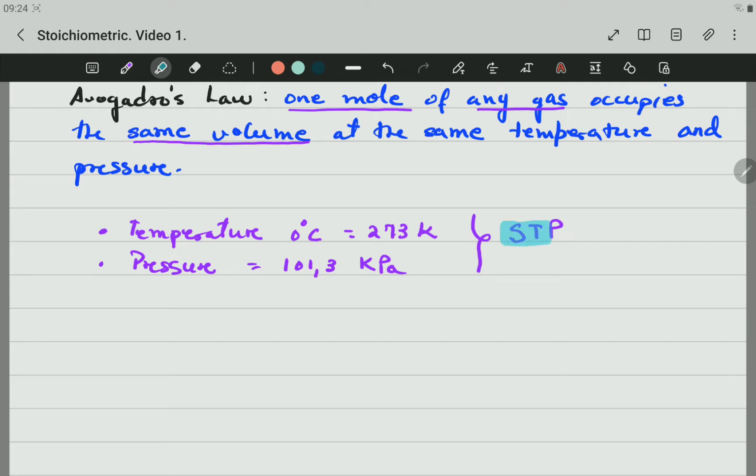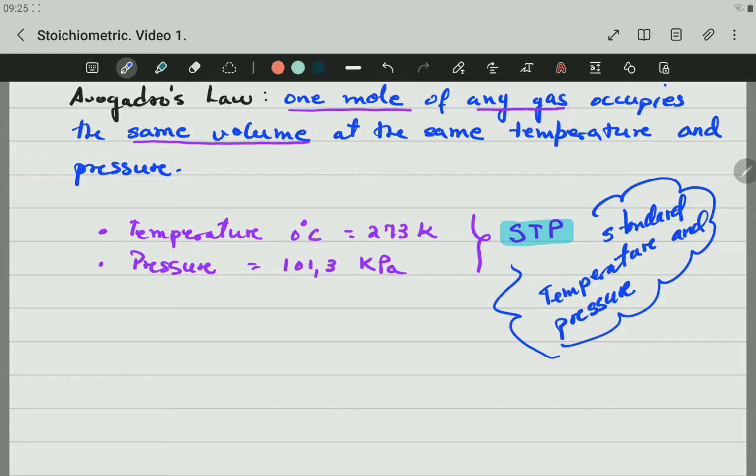Very important. Now, what does STP mean? STP means standard temperature and pressure, and it is very important.